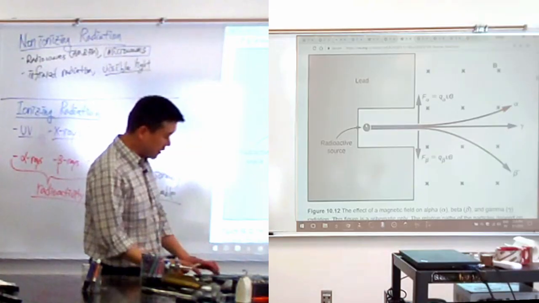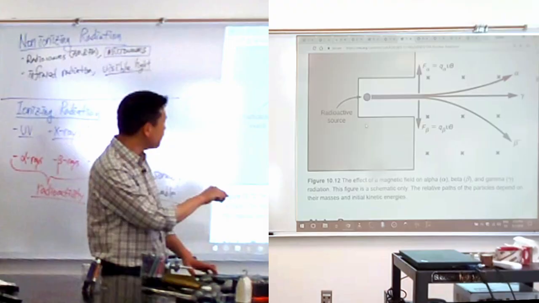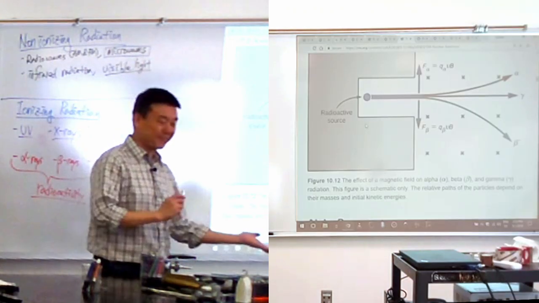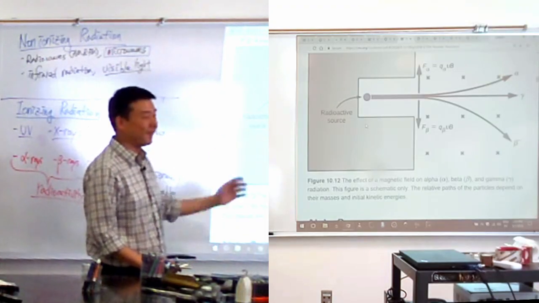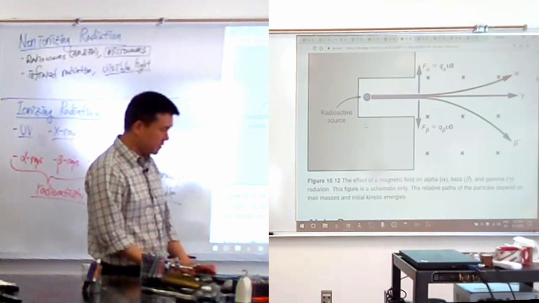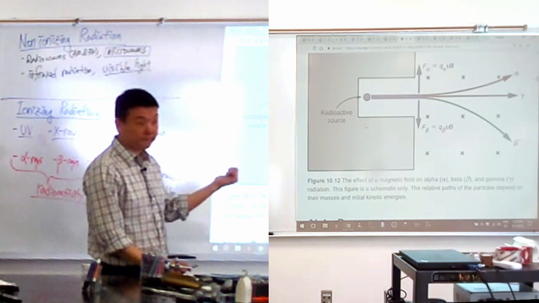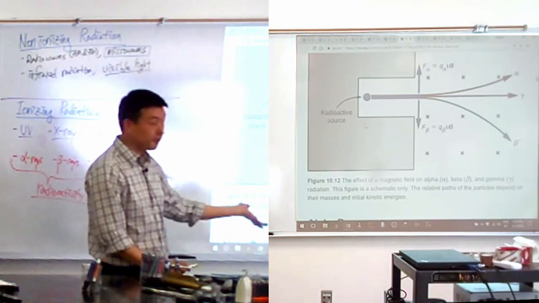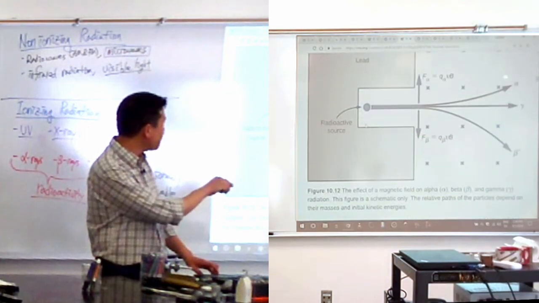And you start ruling out things, and at some point you look at the charge to mass ratio, and the charge to mass ratio of beta ray happens to match that of an electron. So you guess there must be an electron. And the charge to mass ratio of alpha ray matches that of a helium atom that lost 2 electrons. So that's how people guessed that alpha ray might be a helium nucleus.